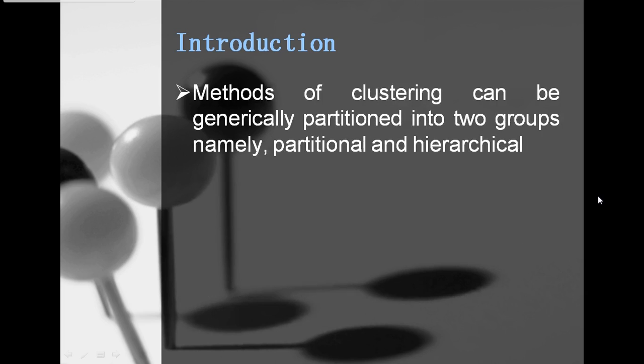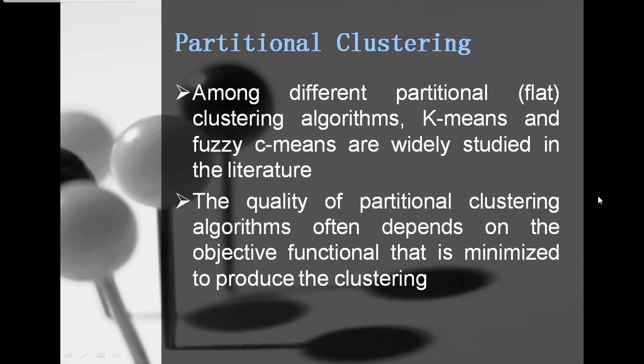The methods of clustering can be generically partitioned into two groups, partitional and hierarchical. I will describe these two groups in the following part. Partitional clustering algorithms are also called flat clustering algorithms.